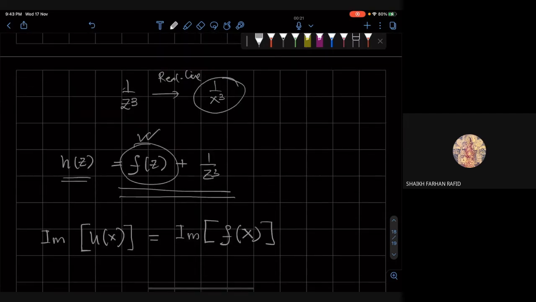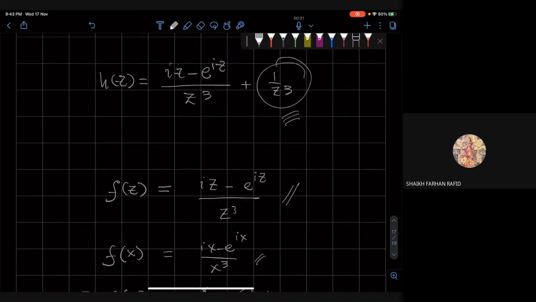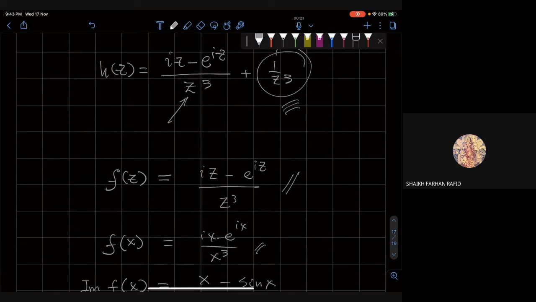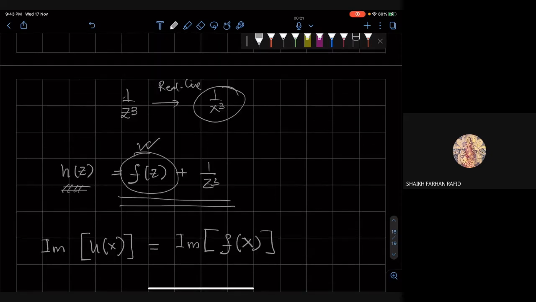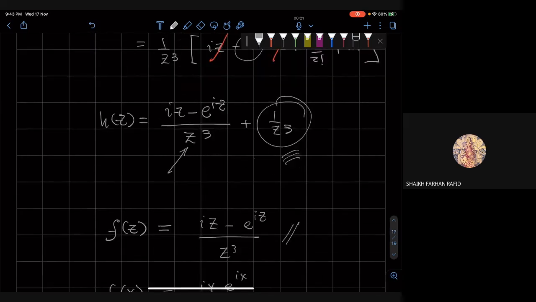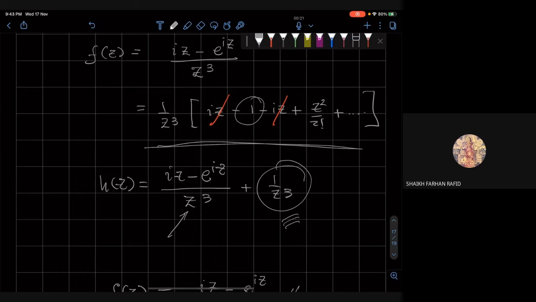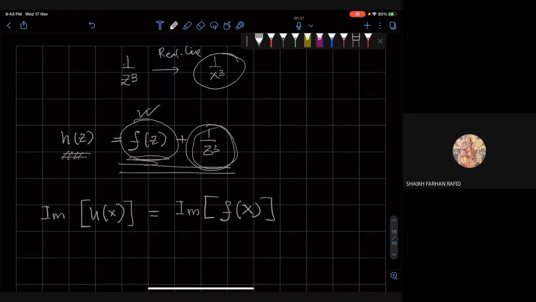Okay. Now look at this nice function h of z. f of z was not a very nice function because it had a triple pole at z equals 0. But h of z now doesn't have that triple pole, because if I look at f of z and expand it, the triple pole comes with a minus sign, and we have added 1 over z cubed to it.